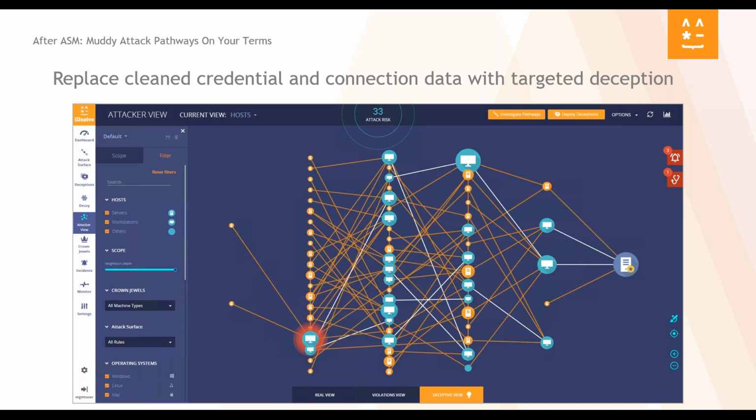But everything in orange is a deceptive data point that we have dropped into that environment, meaning that as an attacker looks at this environment and introspects hosts gathering credential and connection data, the vast majority of the credentials and the connection strings that they find on the production systems are in fact planted deceptions.